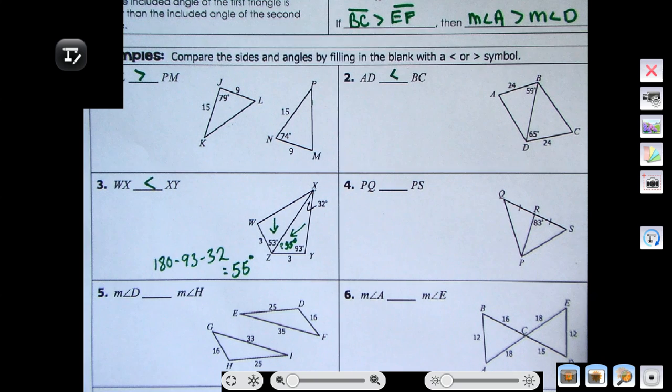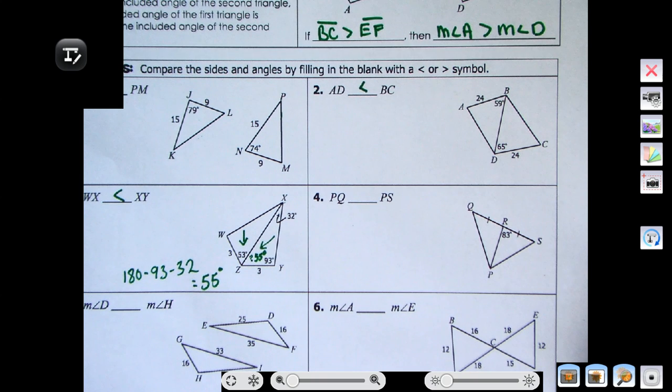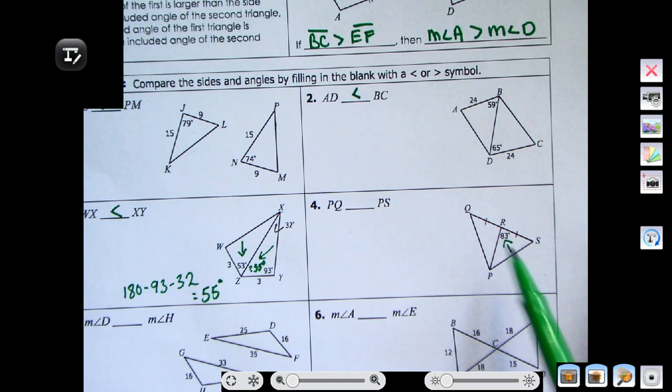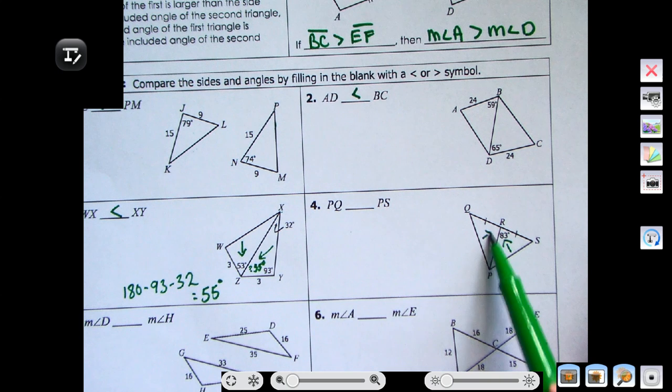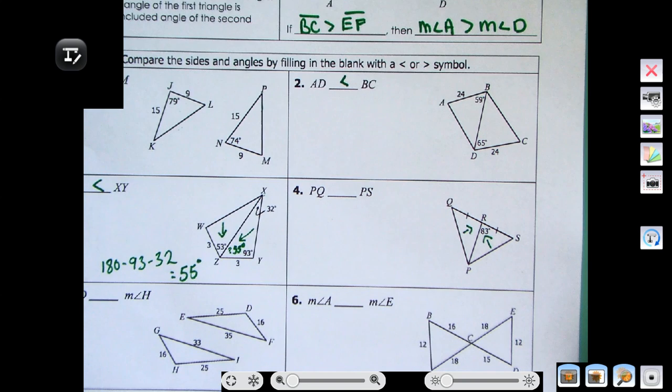All right, let's look at another one. So number 4, we're comparing PQ, this one right here, to PS. So we know that PS is 83 degrees. However, we do not know what that angle is, so we're going to have to figure it out. I know that those two form a straight line, so I can figure that angle out by doing some subtraction.